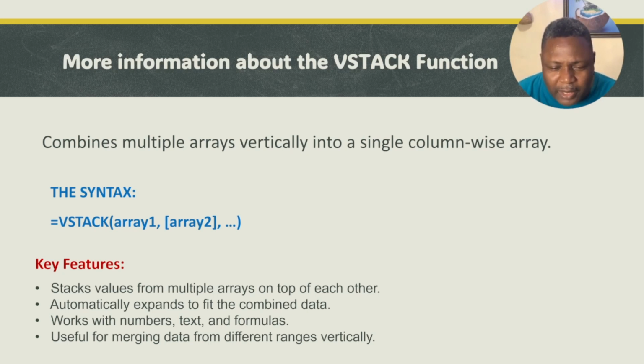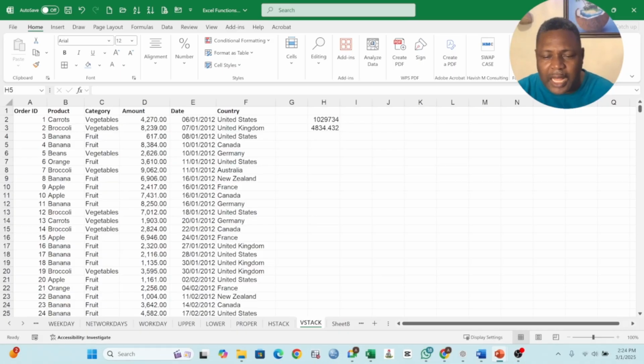It works with numbers, text, and formulas. It's also useful for merging data from different ranges, but vertically. It merges data vertically, while the HSTACK merges data horizontally.